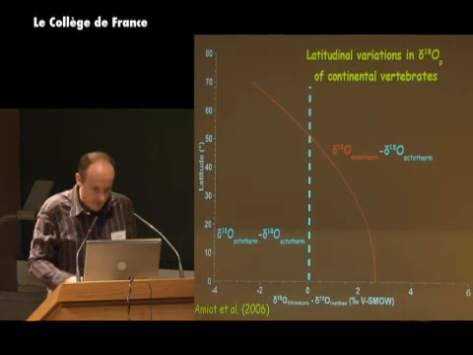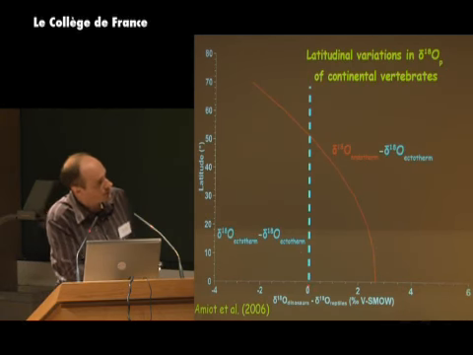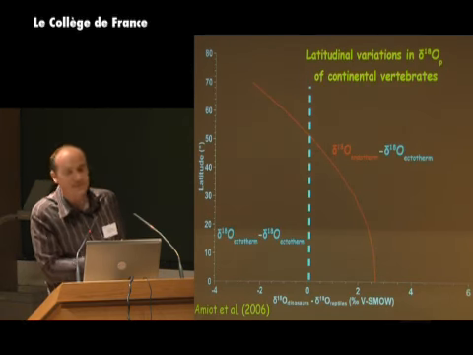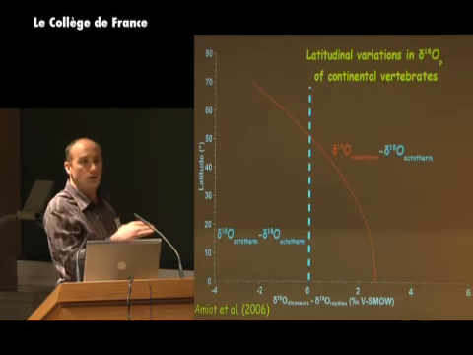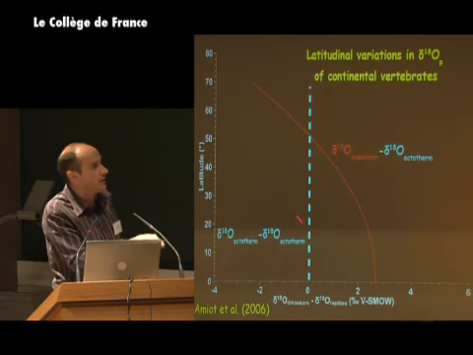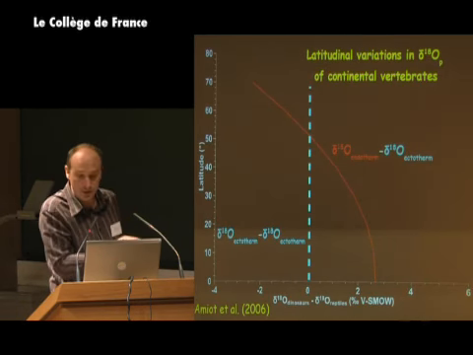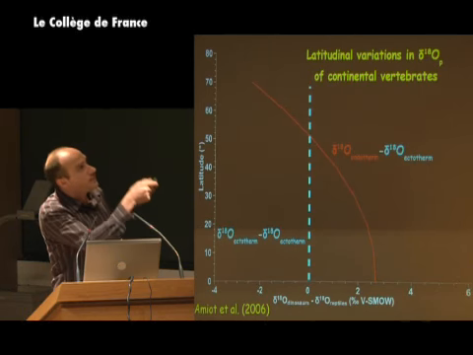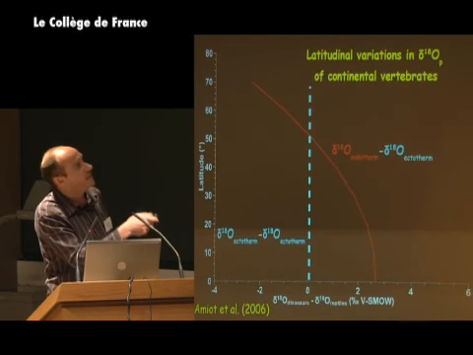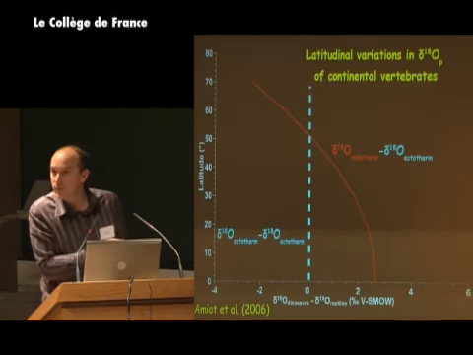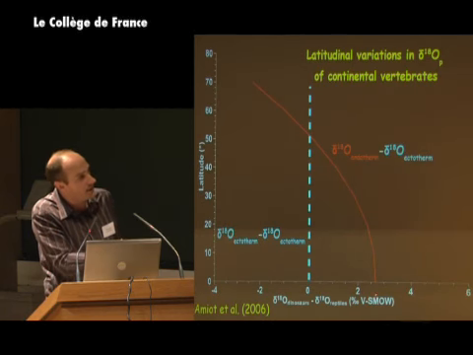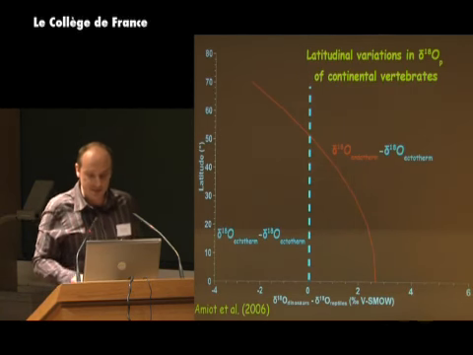So in this framework, if dinosaurs are ectothermic animals, then the difference between them and crocodiles and turtles will follow a straight line. If dinosaurs are warm-blooded animals, these different groups, then it will follow this curve.